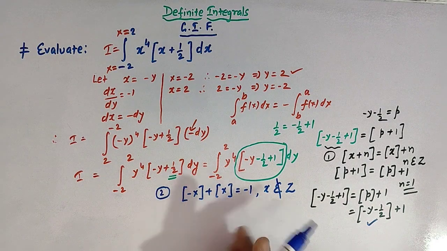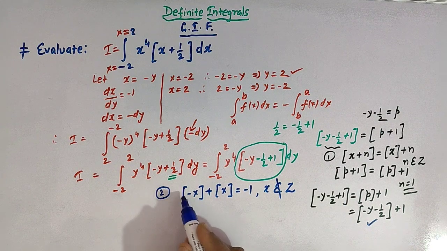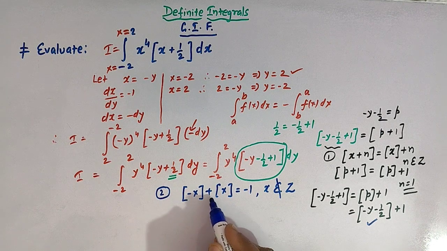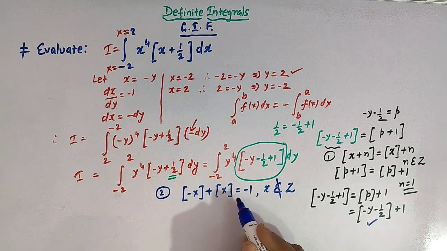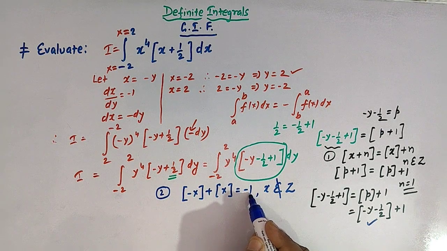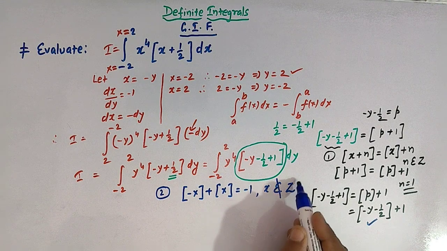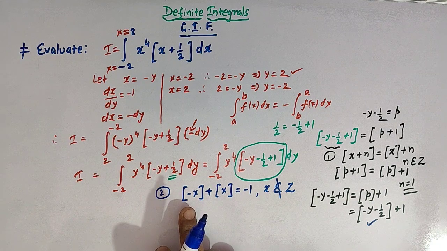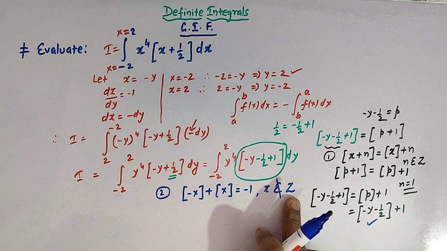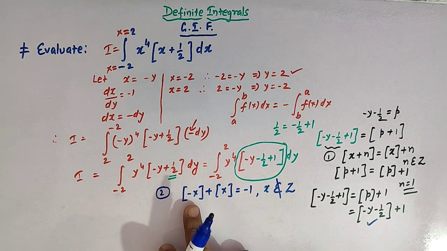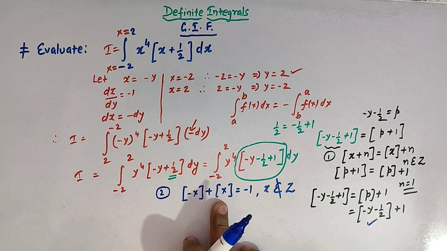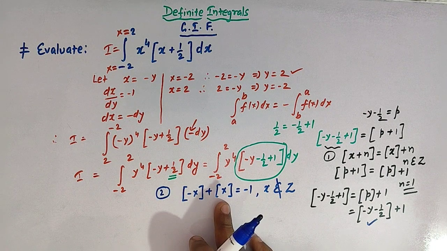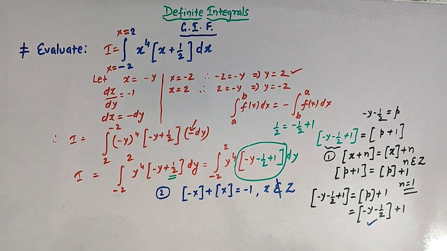So this is the second property. The greatest integer of minus x plus the greatest integer of x is equal to negative 1 whenever x does not belong to the set of integers. So when x belongs to the set of integers, then obviously the sum of these two terms is 0, which is the well-known property of greatest integer function.